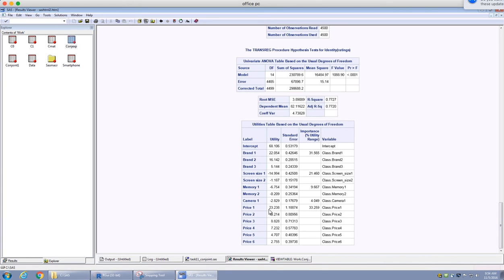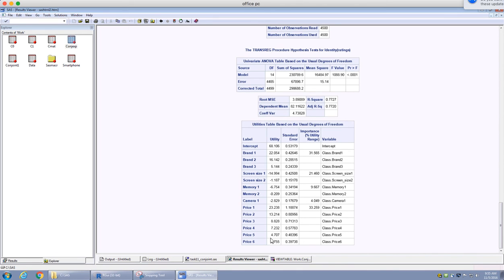So 299 obviously has the highest utility at 23, and the second was 399, which is 13, and it kind of goes down. You notice there is somewhat of a diminishing return in terms of price increase, which means there's not much of a difference in preference going from, say, 799 to 899.